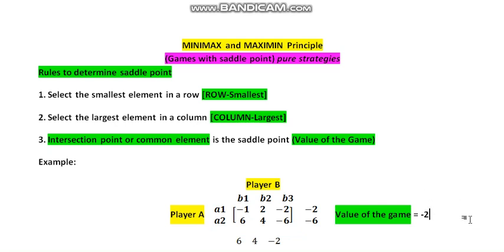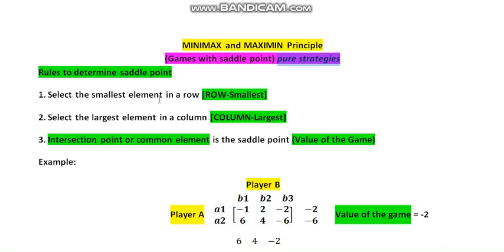So this is how we can find out the value of a game for a two-person zero sum game which deals with pure strategies, or the equilibrium point for a two-person zero sum game.